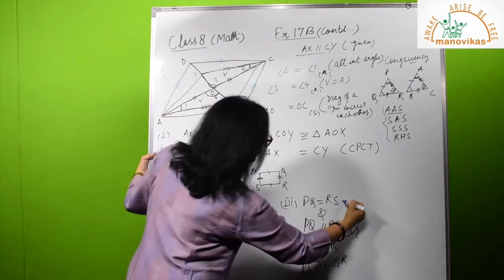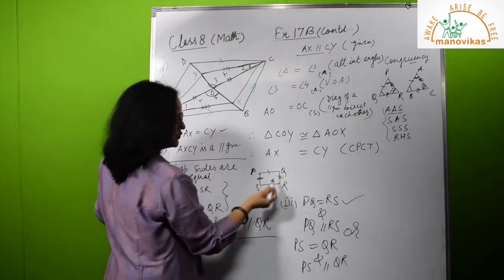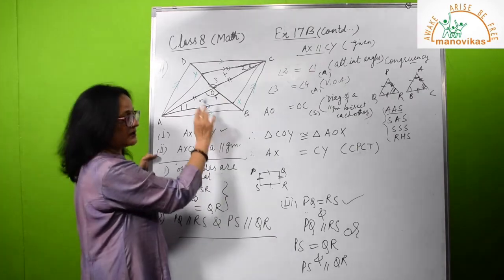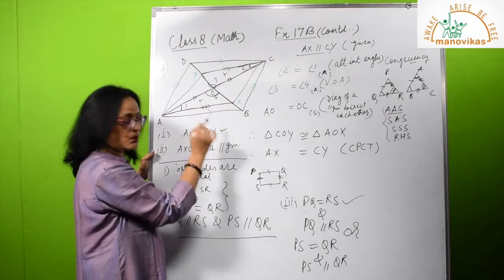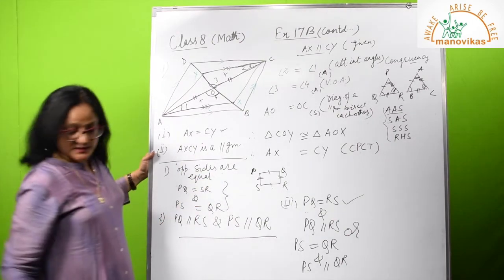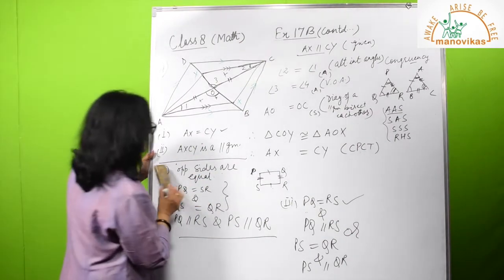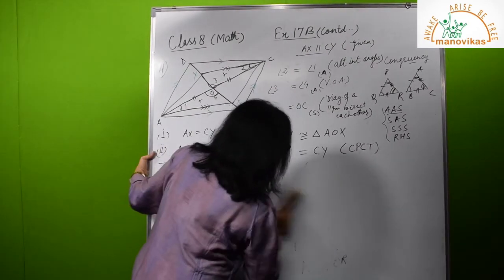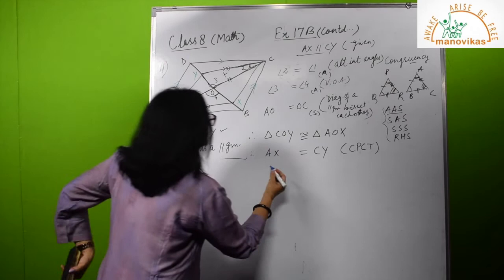So this condition is true here. Means one pair is parallel and equal. That means this is a parallelogram. Only we have to mention this in our result. So we can write this result in our question. Now, how you will write it?